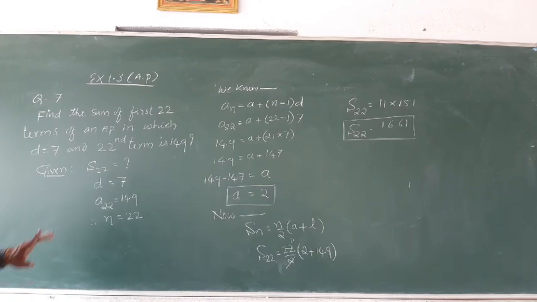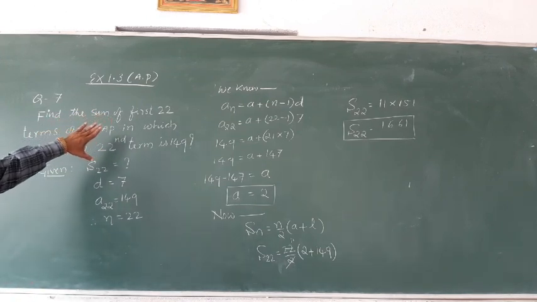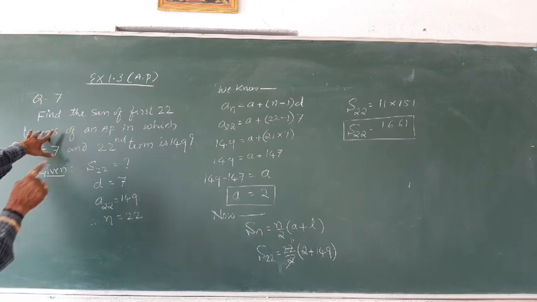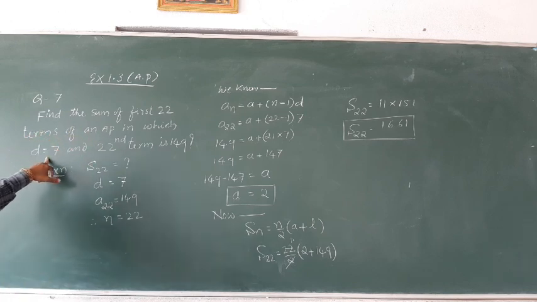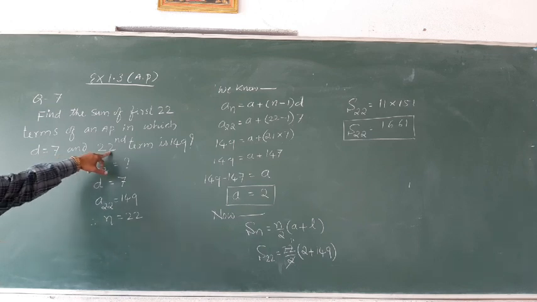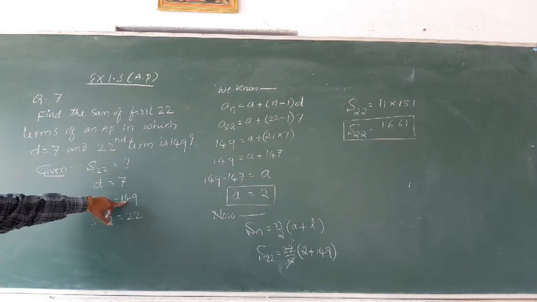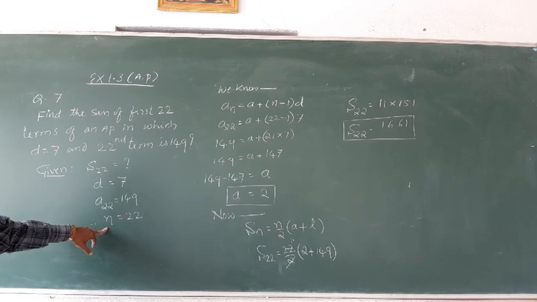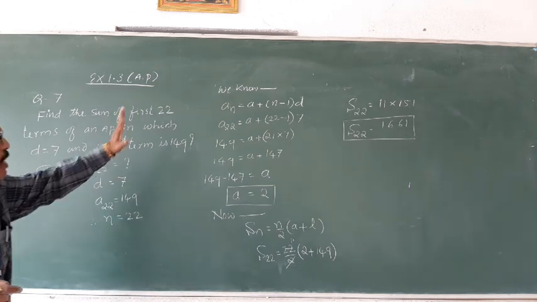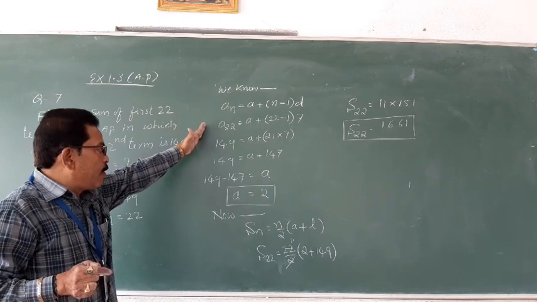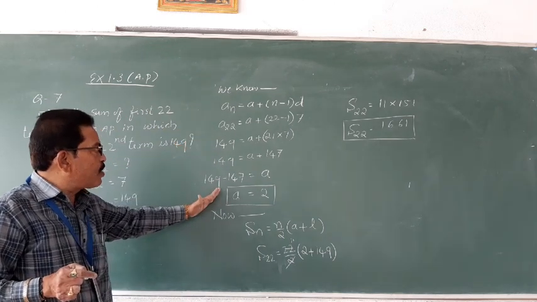See the method. Find the sum of first 22 terms. S22 we calculated. Before that, what they have given? d equals 7 and 22nd term, that is a22 is 149. Indirectly the nth term they have given, n equals 22. So we have used the nth term formula for calculating the first term.